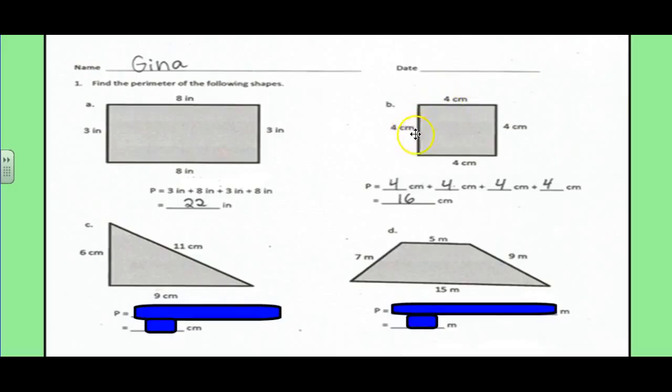So the way I would find the area of this square is to multiply 4 times 4, and that gives me 16. And then whenever I add all of these 4s up together, that also gives me 16. And you'll see that later on in this module when we work with area and perimeter together. Some shapes have the same area and the same perimeter. And then some shapes have a different area and a different perimeter.